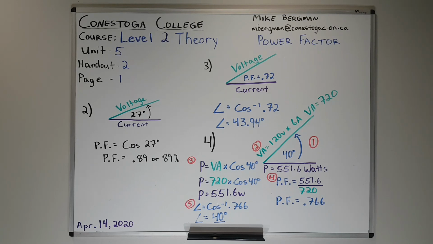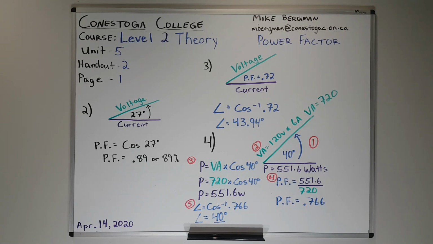So don't forget the voltage and the current, that's your VA. So VA, volt-amps. The voltage times the amps equals your VA. So for this question, we got 720 VA. I know there's a 40-degree separation between the voltage and the current. So now I have a triangle with 720 VA and 40 degrees.